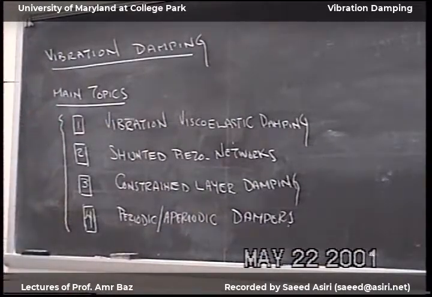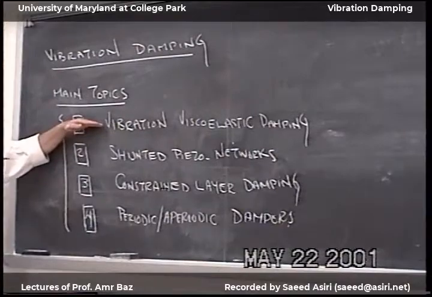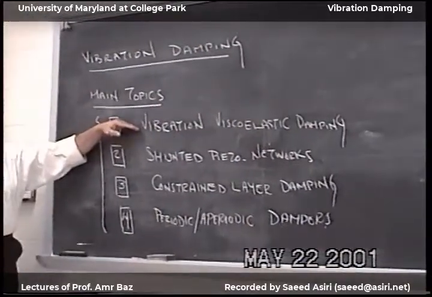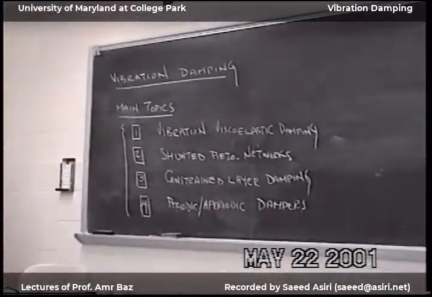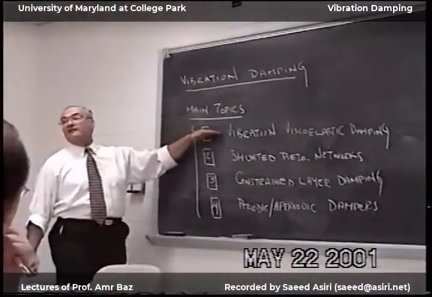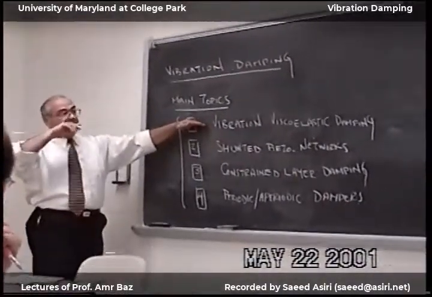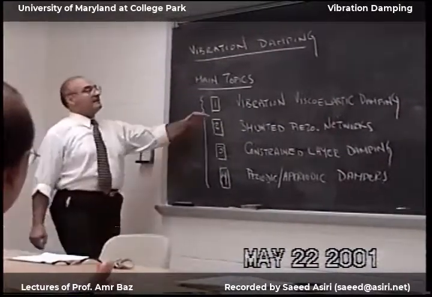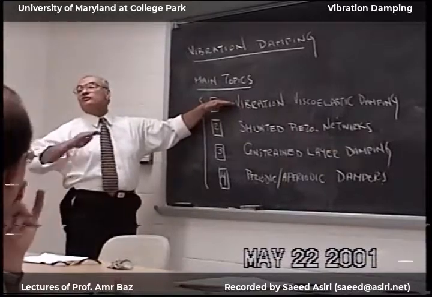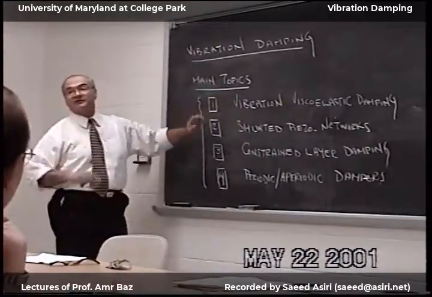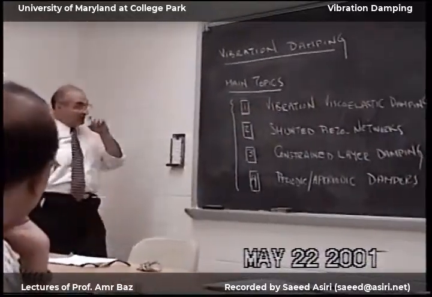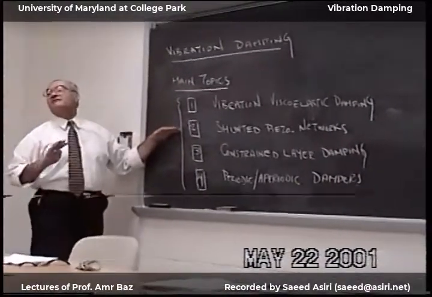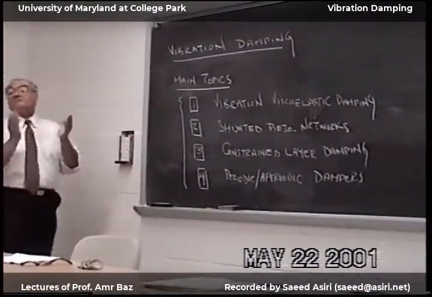In this coverage, we give, I think, a very detailed description of the viscoelastic models, the classical as well as the modern models, how to integrate it with finite element, how to generate the generalized and reduced frequency plots, and then how to apply this to rods with viscoelastic material. The shunted network, we covered all the aspects of it.